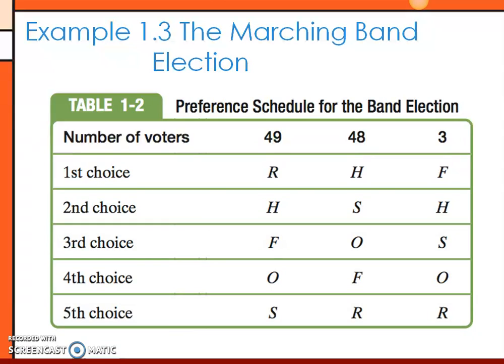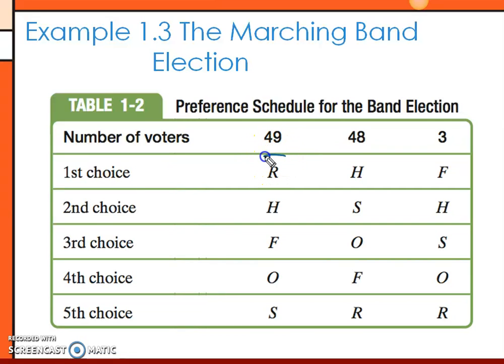Alright, so here's their preference schedule. Thank God they didn't just give us 100 ballots to look through. So if we're looking at the preference schedule, 49 people put Rose Bowl first, Hula Bowl second, Fiesta third, Orange Bowl, and Sugar Bowl. So if we're doing plurality, notice all that matters is who got the most first place votes.